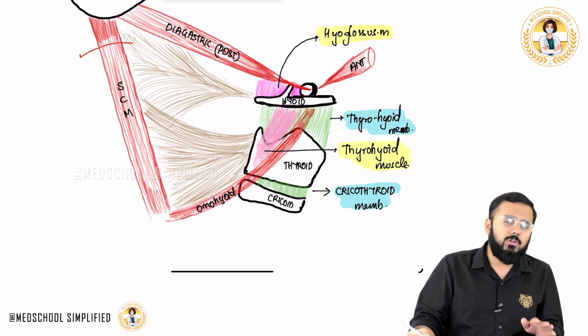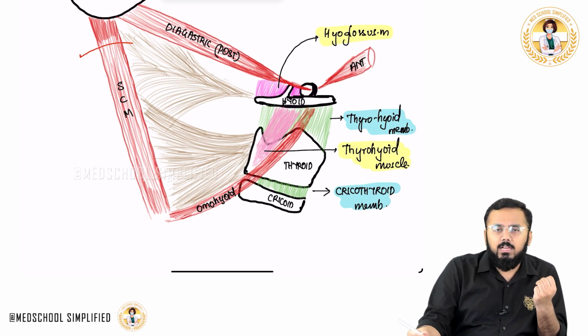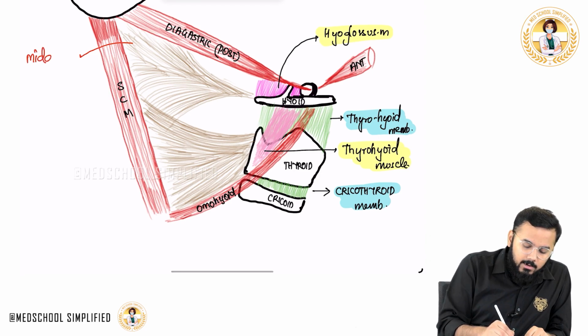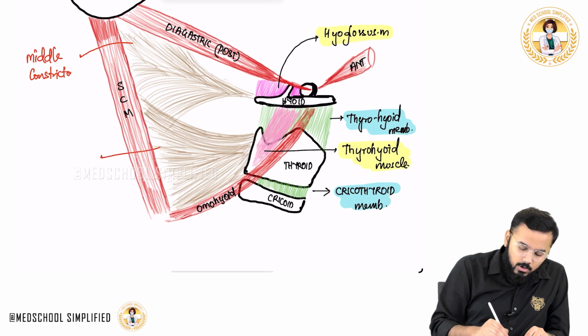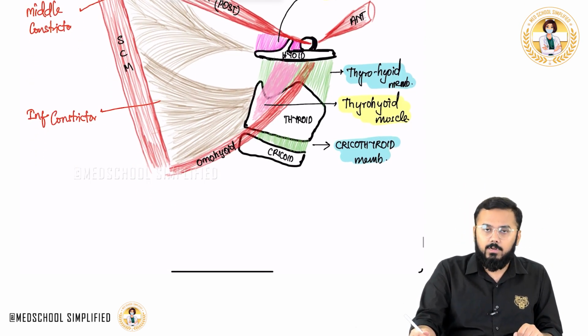In the pharynx we have three constrictors: superior constrictor, middle constrictor and inferior constrictor. So this muscle over here is called middle constrictor, and this muscle over here is called inferior constrictor. So one is middle constrictor, another one is inferior constrictor.